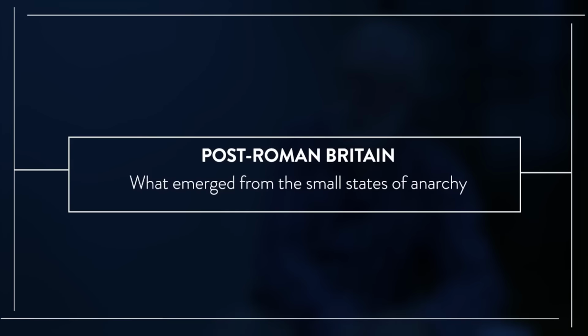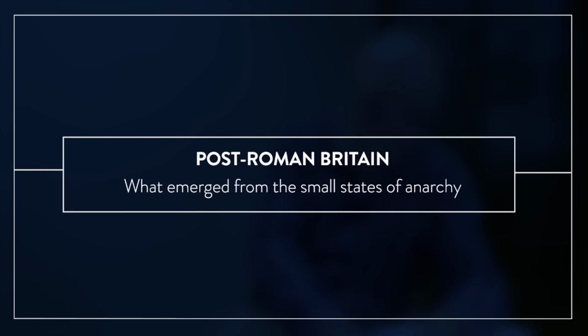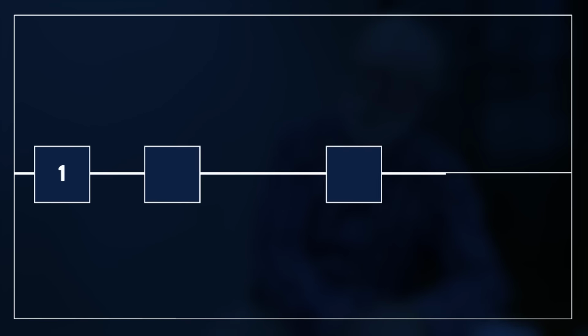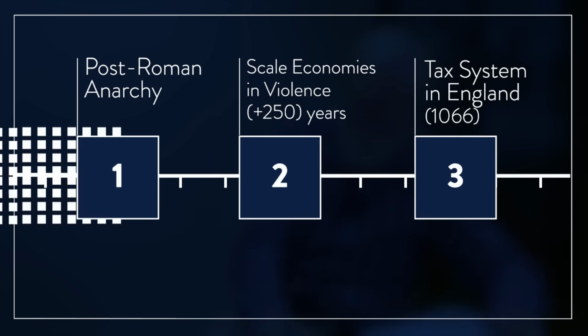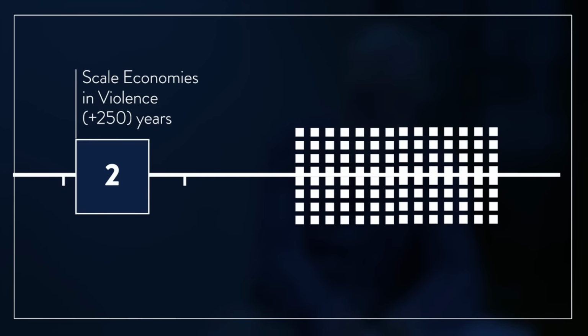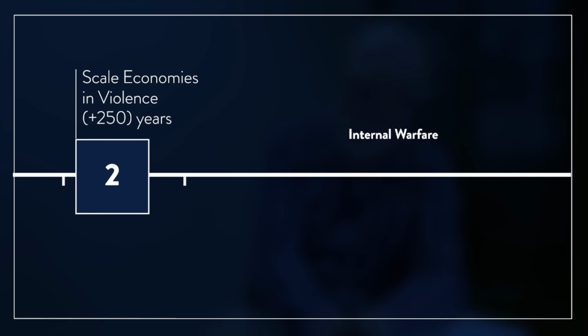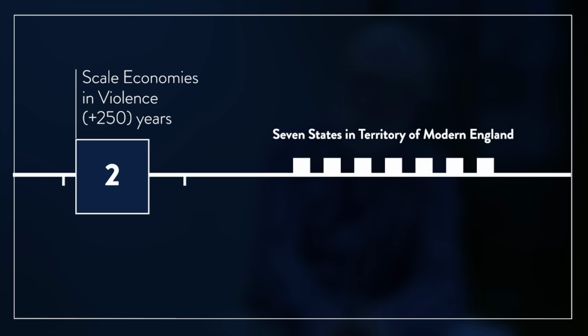We can imagine that they were probably those local thugs, the thug in the valley. How did that play out? Well, there were scale economies in violence there, waiting to be picked up and exploited. And so if we roll on about 250 years, we've collapsed from thousands of little statelets, crunched down by a process of internal warfare to 7 states.